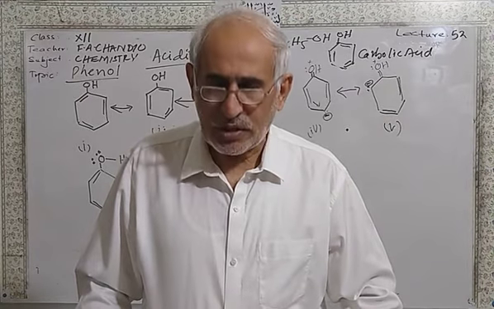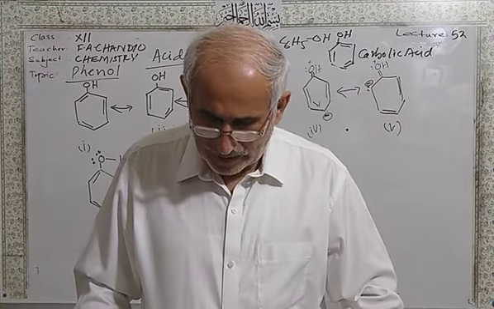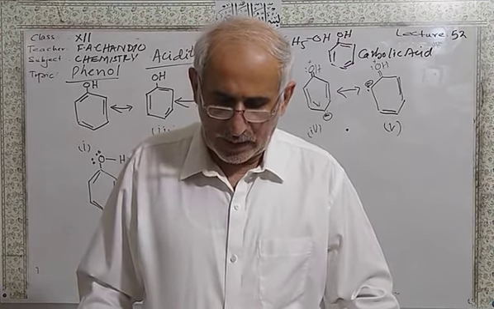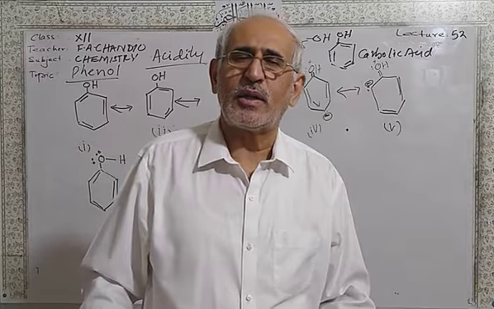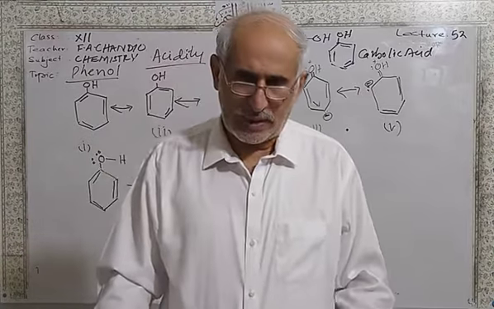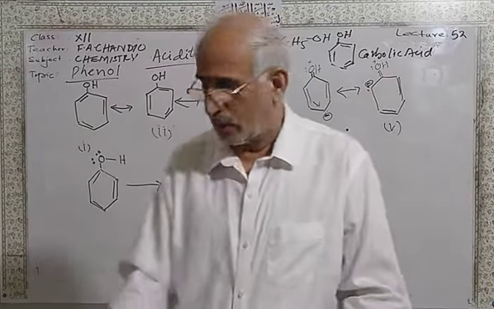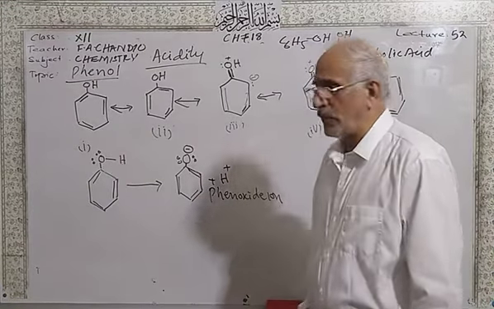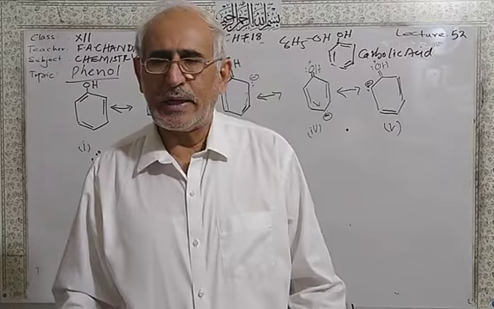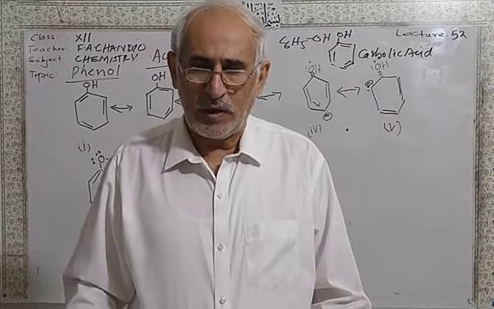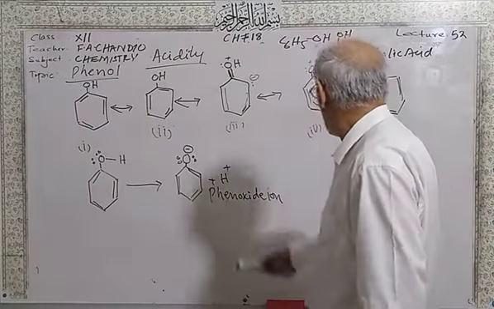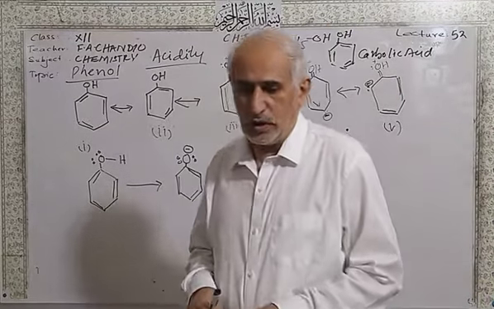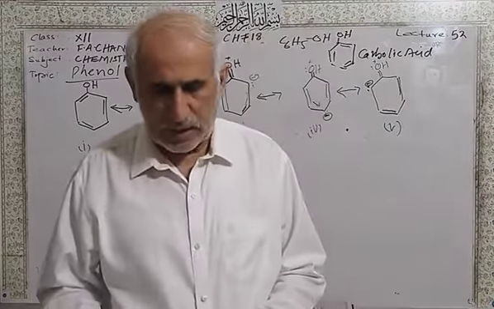The latter is not stable. Hence, alcohols have no tendency to form alkoxide and hydrogen ion. Alkoxide is not easily formed from alcohols, but phenoxide is easily formed from phenols. So we conclude that phenols are more acidic than alcohols.